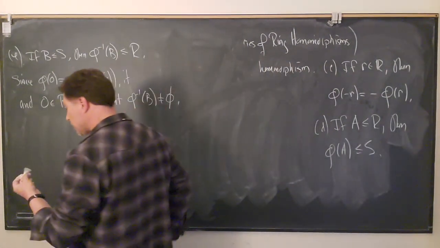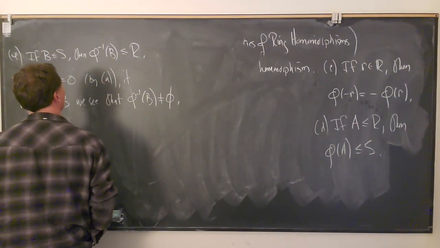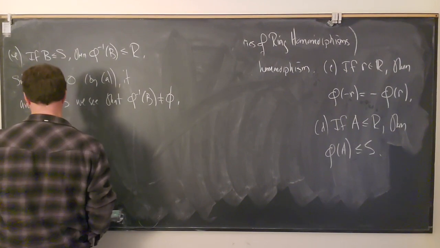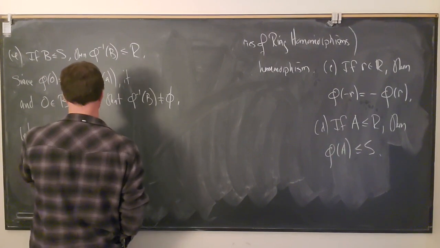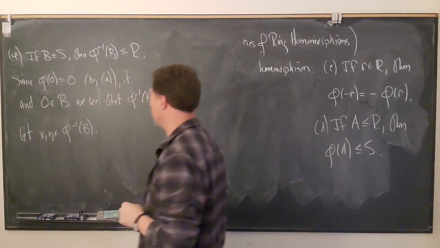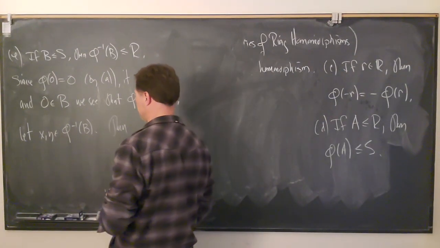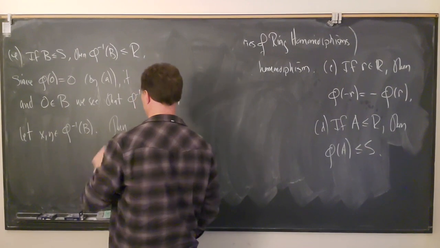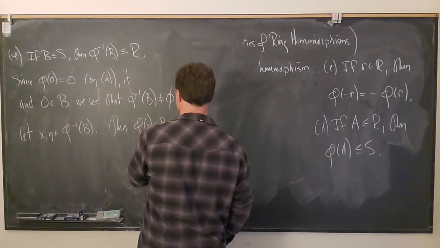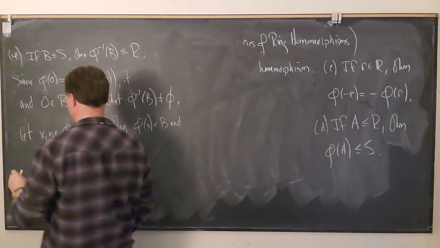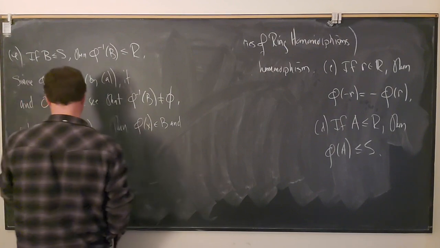Okay, so now let's show that it's closed under subtraction. So let's say x and y are elements of the inverse image of B. So what does that mean? So then phi of x is an element of B, and phi of y is an element of B. So now, what do I need to do?